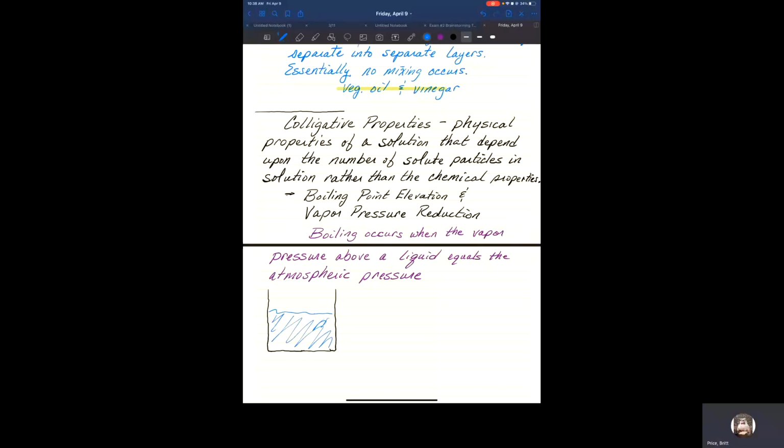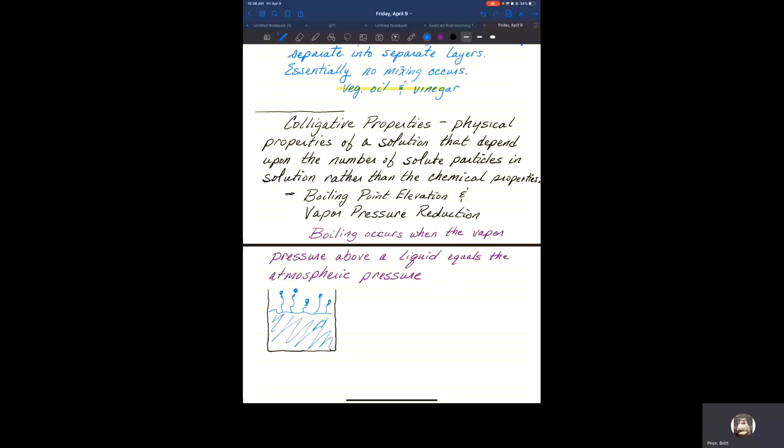I've got particles leaving the surface of that liquid. Okay, those are vapor particles.